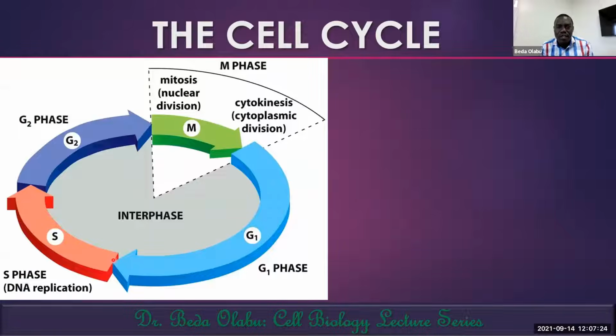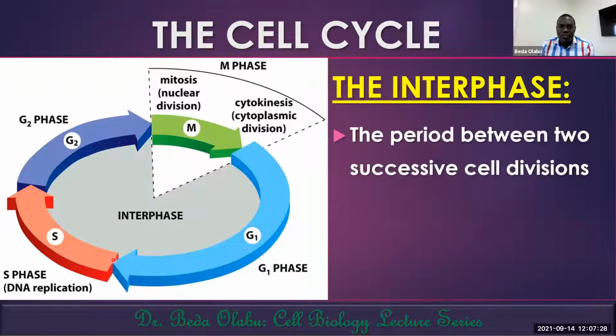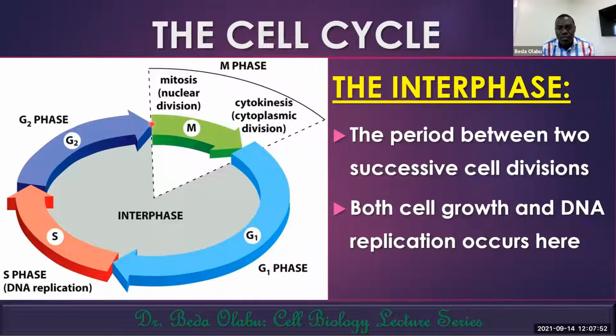Perhaps let's say something more about the interphase. We have already given it the definition, the period between two successive cell divisions. So if you look at this image, if this is the period of cell division, this period between one division and the next division is what we're calling the interphase.